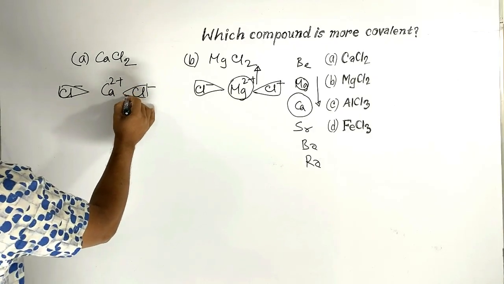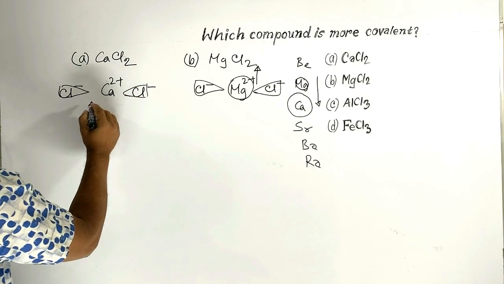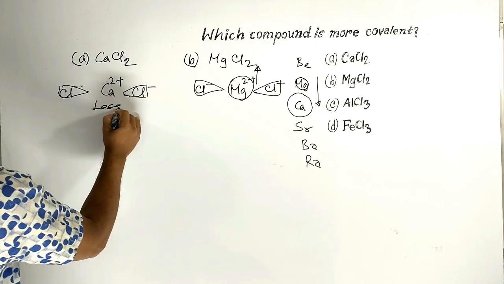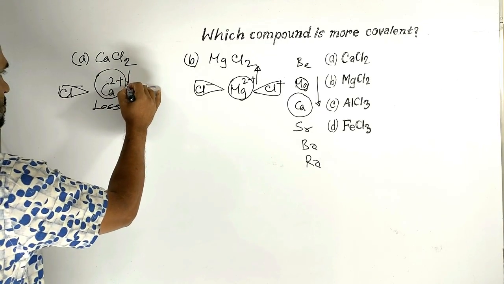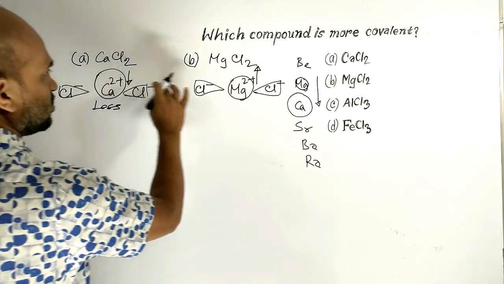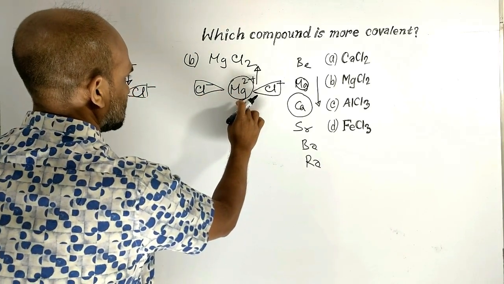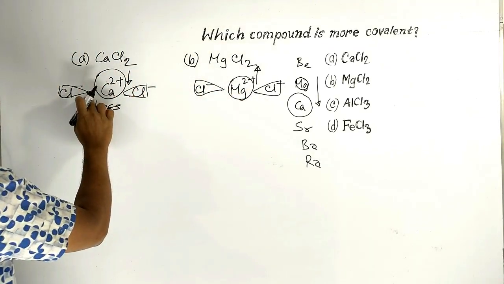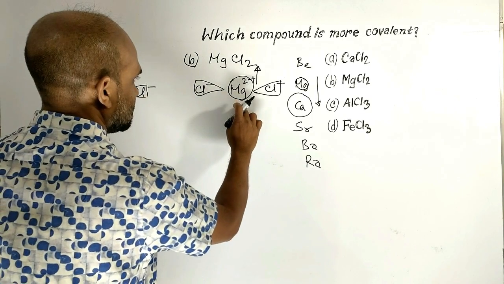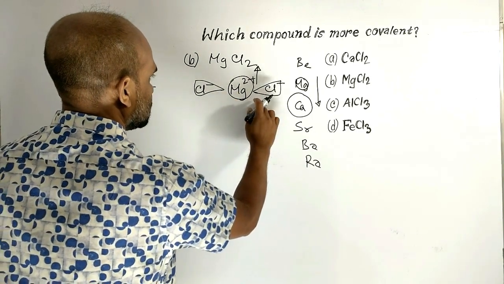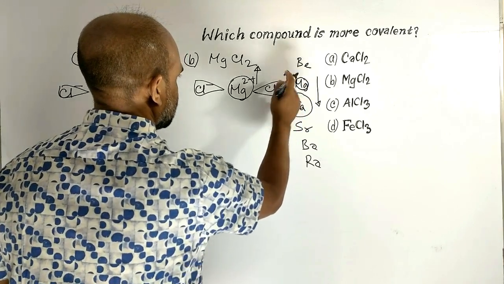In this case, polarization occurs, but this is less because its charge density is lower compared to magnesium 2 plus ion. So here polarization occurs which is less, but in this case polarization occurs which is maximum.